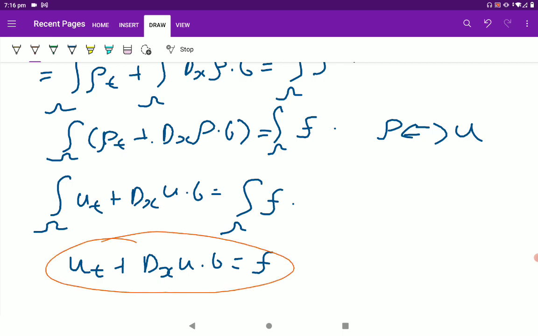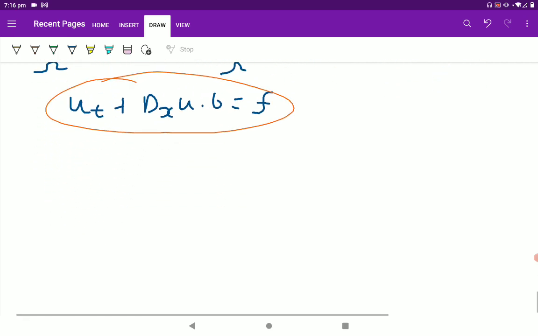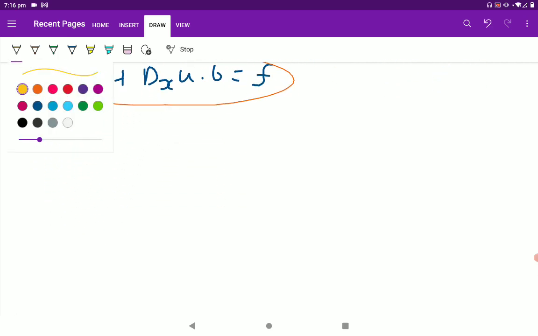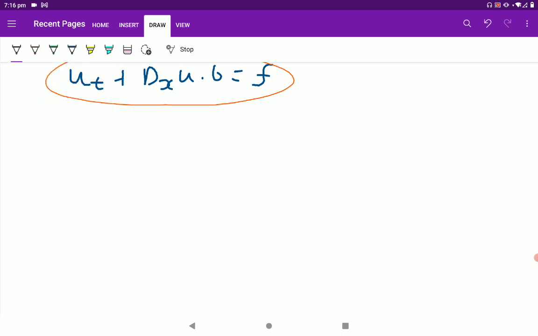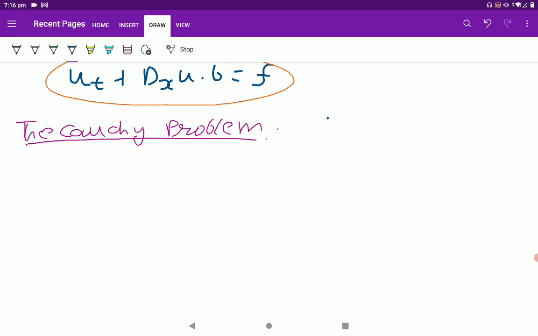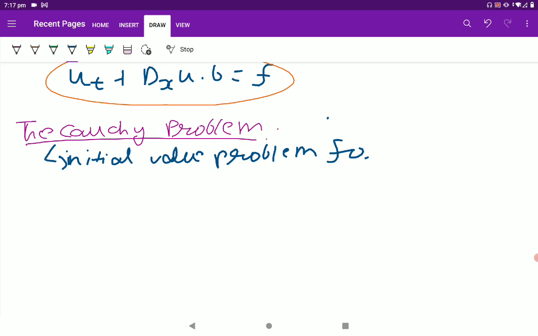Now we have to decide the method to attack this equation. First, we can see it in the form of the Cauchy problem method, that is the Cauchy problem. So this is the initial value problem for ordinary differential equations.